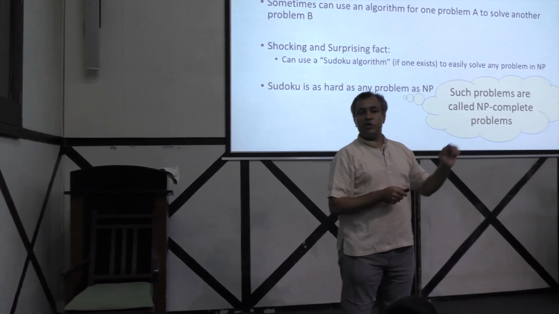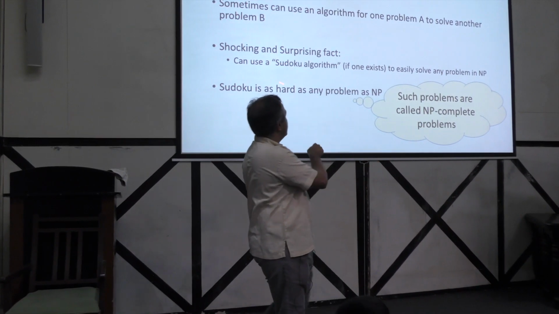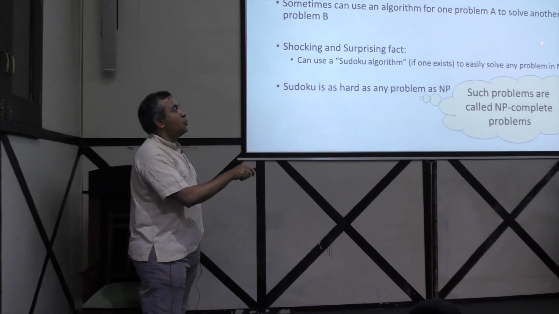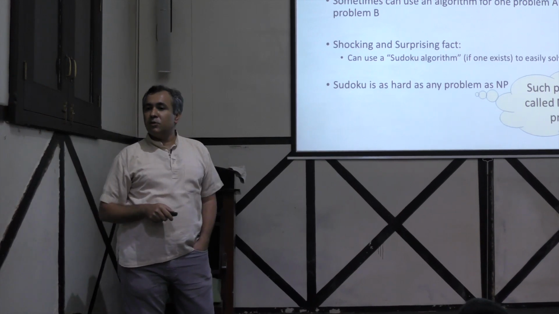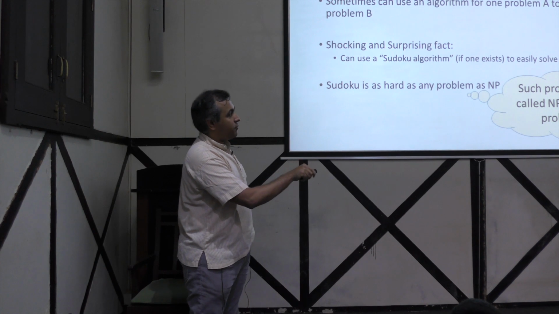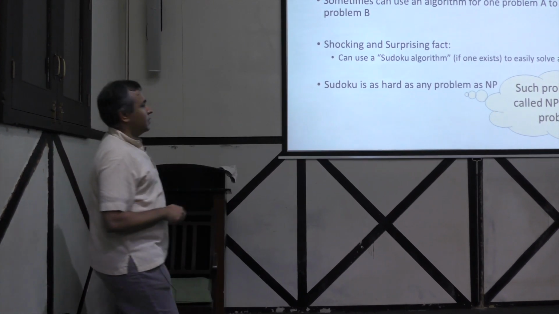If it can be checked easily, then by that definition, I can show that I can solve it using Sudoku. So tomorrow you show me some problem is in NP, and I can solve it using a Sudoku solver. It follows for every problem which falls in NP by definition.